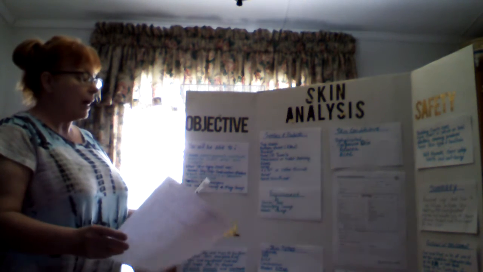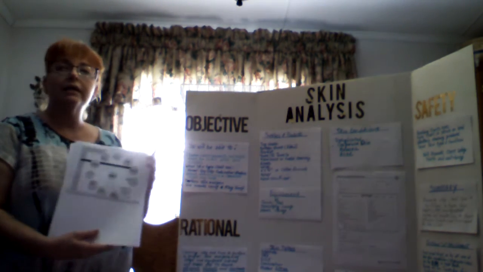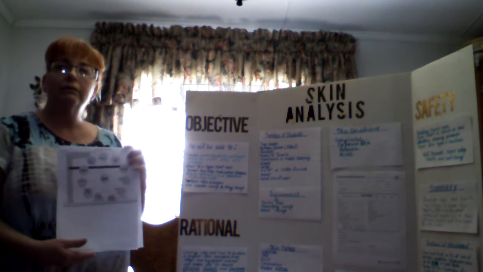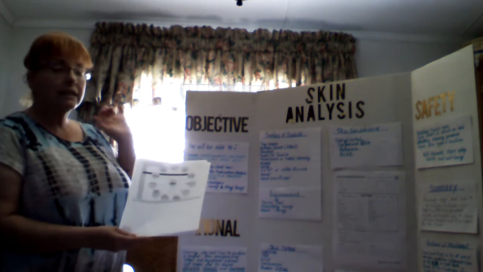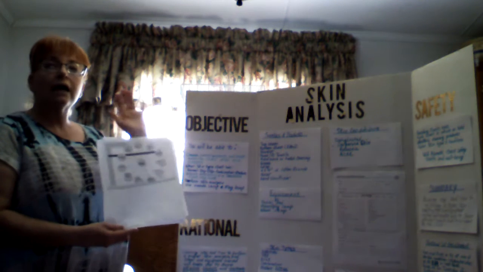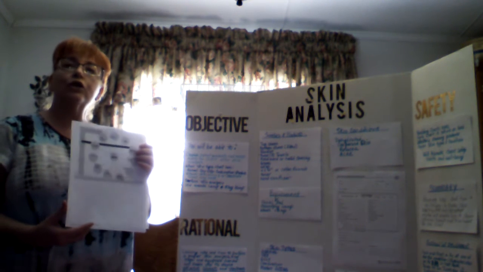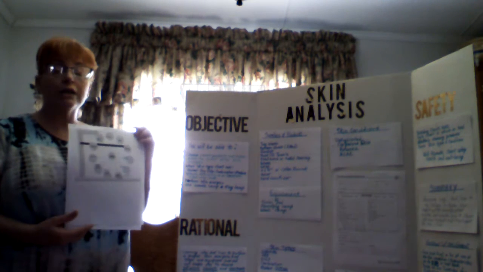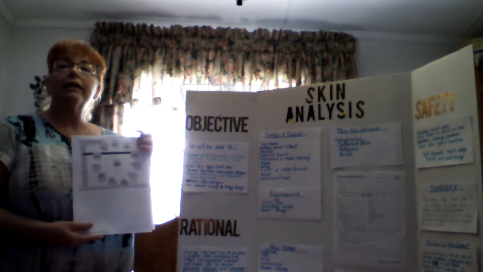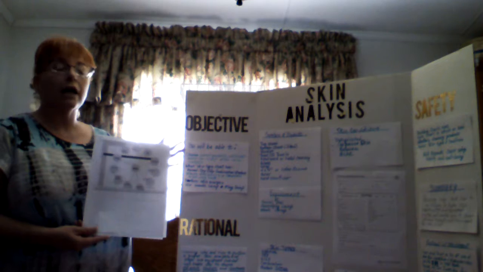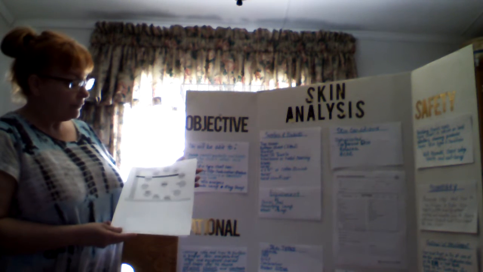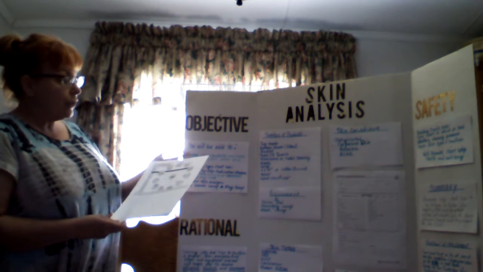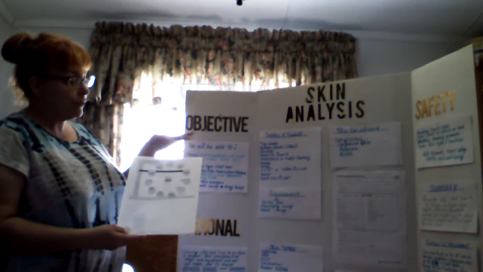The other paper that I passed out is a mind mapping. In the middle is skin. Around the outside, we have different internal and external factors, which is intrinsic and extrinsic factors that can affect your client's skin types and conditions. They're mixed up on here, and there's different ones.